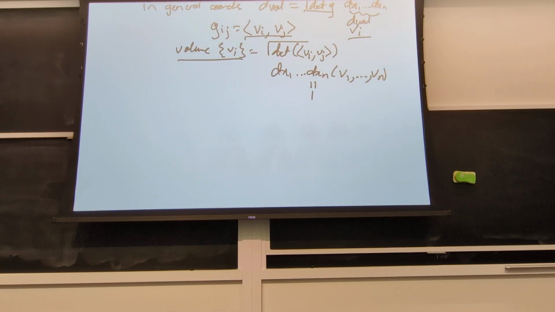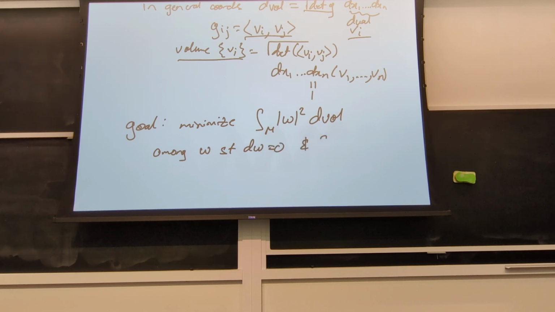So maybe 5 minutes. Let me see how much of this I can get through. The goal is to minimize the integral over M of this with respect to the volume, among omega such that d omega is equal to 0 and the cohomology class of omega agrees with some fixed cohomology class.